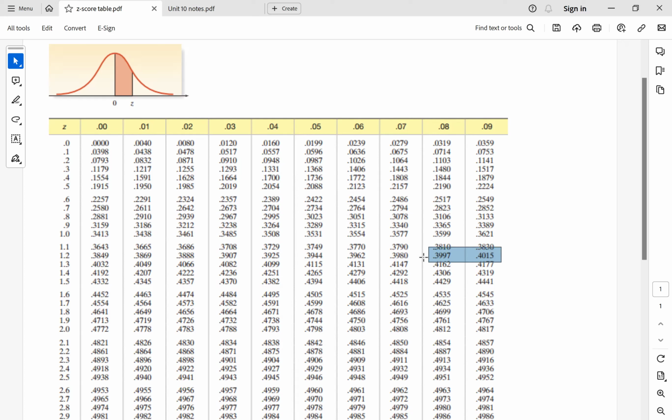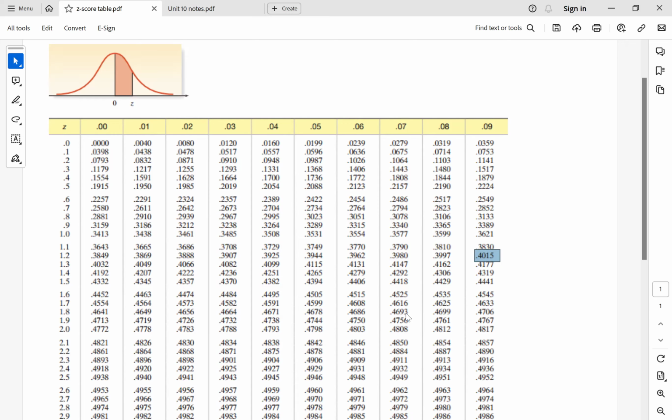I see 0.3997 and I see 0.4015. I wanted 0.4 or more, because I wanted to exceed. So the smallest probability that I see that is more than 0.4 is 0.4015. That's the first number that is more than 0.4. What is my z-score in this case? I see it is 1.29.